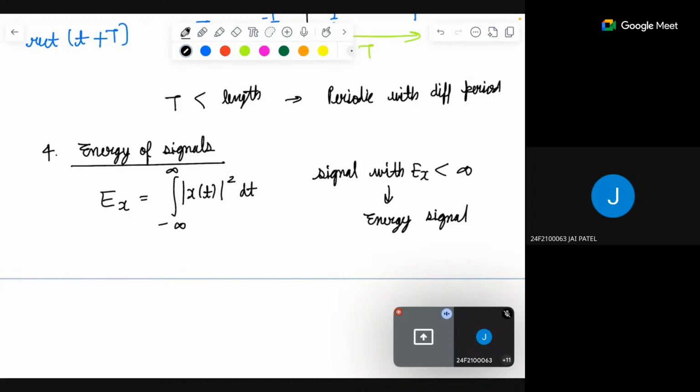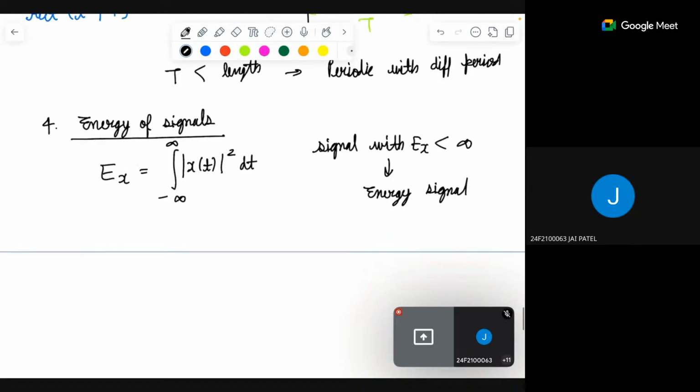I will search about it or ask the professor and then get back to you. But for now, you can treat this as the formula by which we calculate the energy of the signal. If it is a complex signal, we will take its magnitude, square it, and integrate from minus infinity to infinity. If it is a real signal, we will just square it and integrate from minus infinity to infinity. Okay.